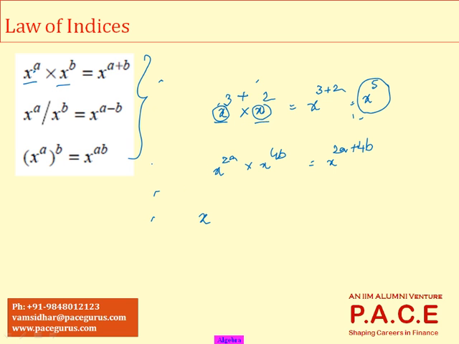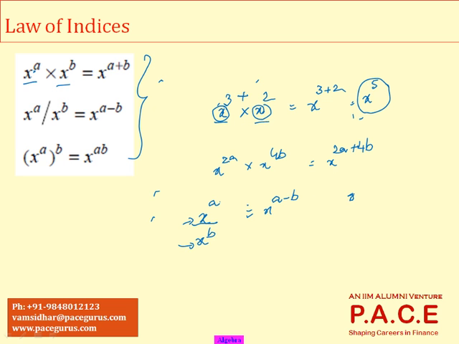Then we are talking of the second law here, simply x to the power of a divided by x to the power of b. So again, the base remains the same for both of them, but the powers are different. Then that resultant works out to x to the power of a minus b, which is the subtraction between the two exponents.